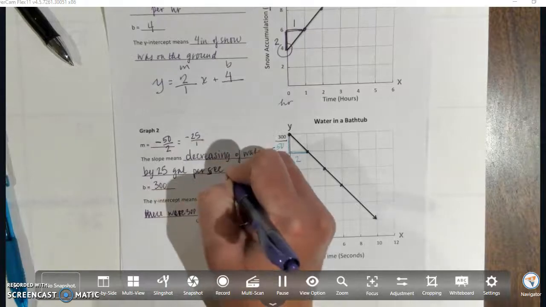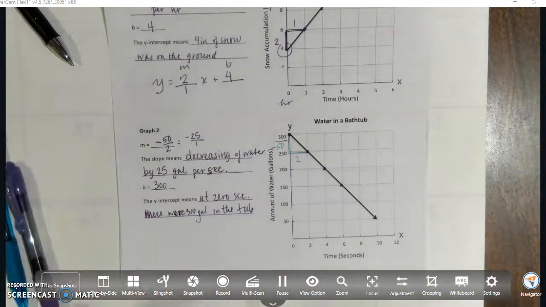So in the interpretation, it's very important to note that we don't necessarily say negative 25 by 1. We are going to use the words that describe the negative change.